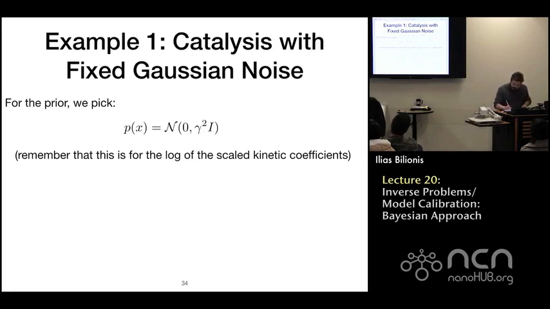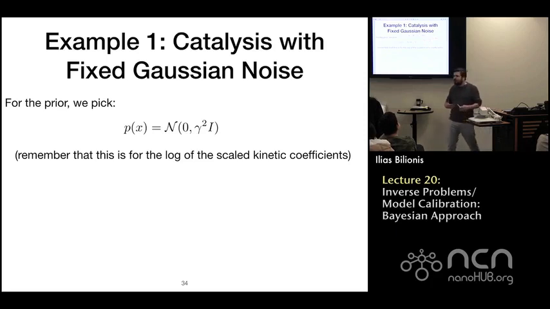So we have one xi for each one of the k's, and we have 6 or 5, I don't remember, reaction coefficients. Then I go to this space and put a Gaussian distribution there. You're going to ask, why did you pick a Gaussian? My answer is because I don't really know what else to pick.